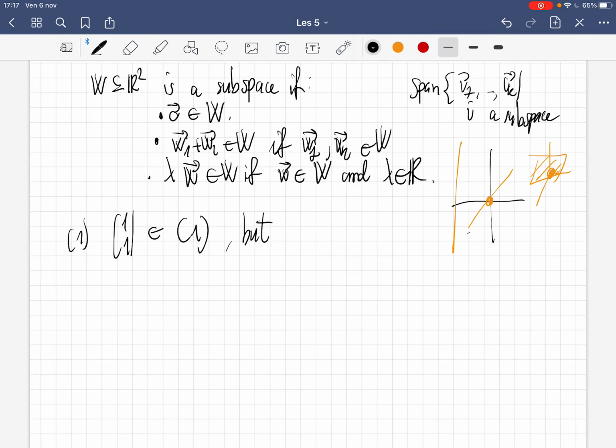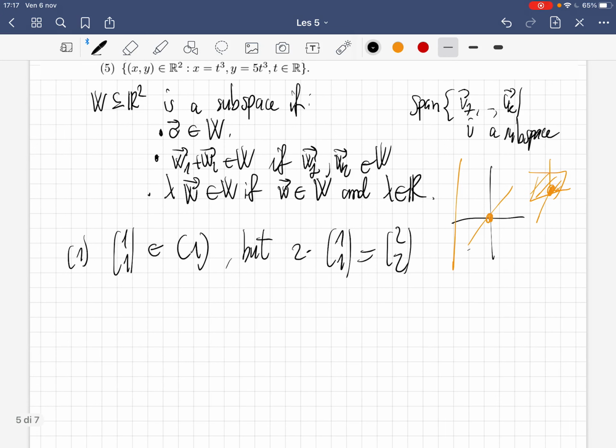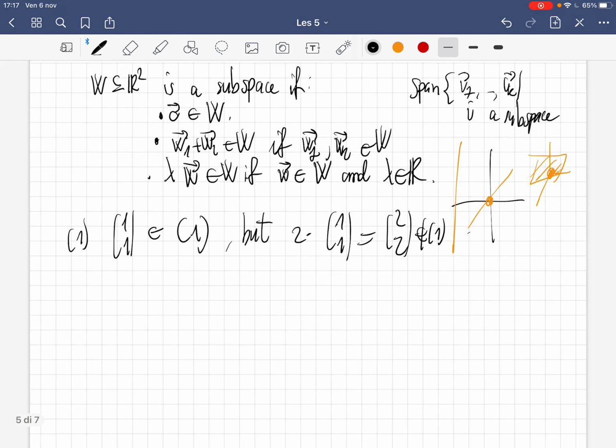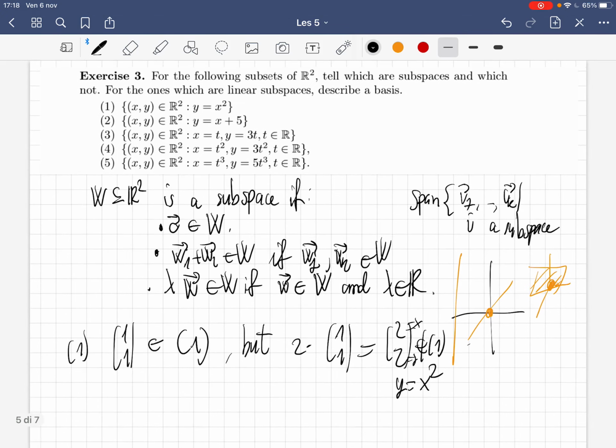But 2 times (1, 1) is (2, 2), and it doesn't. Because if this is x and this is y, it has to be y equal to x squared, but it's not, so it doesn't work.